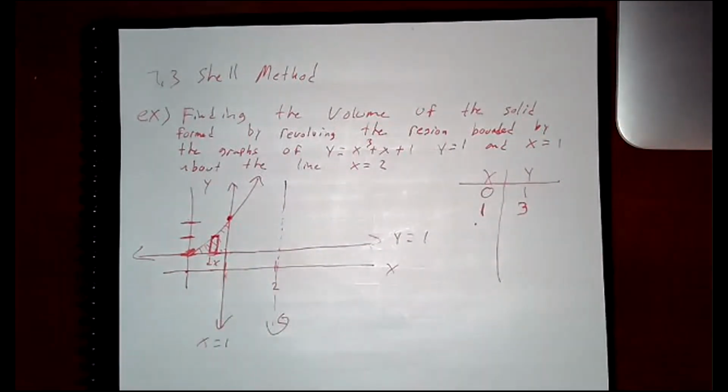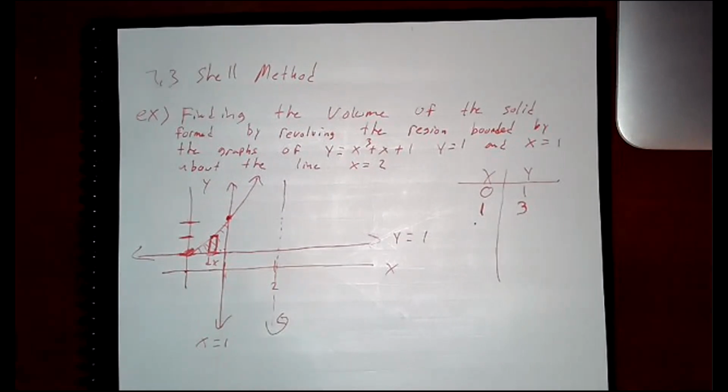So the rule says that if the slice is parallel to the axis of rotation, then I should use shell. So if I choose to slice this way, then that means I must do shell. If I want to do disc or washer, I'd have to slice this way, horizontal, which would then make everything dy.